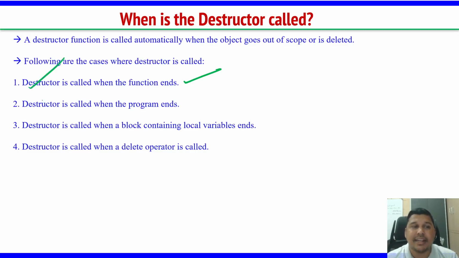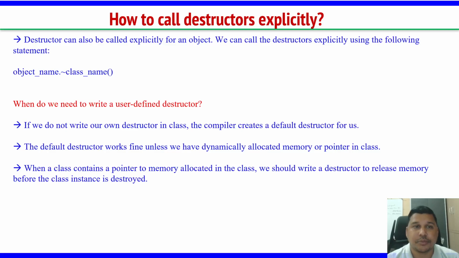When the program ends, the destructor will be called. When the local variables end, the destructor will be called. We will see demonstrations for all of them in the implementation phase, how and when a destructor can be called.